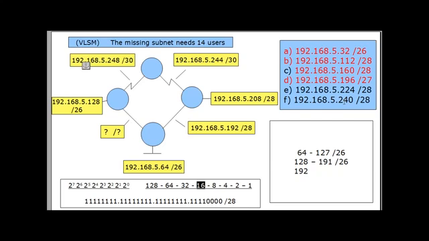So let's see if 240 would work. If the network has a 240 number, and it's going to be size 16, it would go from 240 to 255. It would go all the way to the end of the address space, because 240 to 255 is 16 numbers. /28, size 16 network, right?